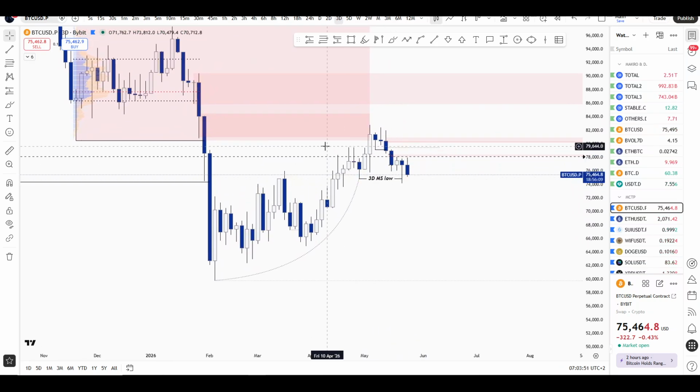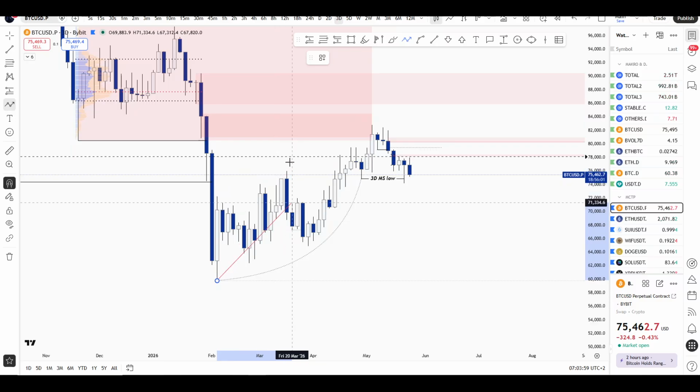So yeah, basically we are within this local uptrend here, and this is our 3-day market structure as for now, and you can see that the move up was only 3 candles and the move down is currently the 7th candle, and here we could break the 3-day market structure low.